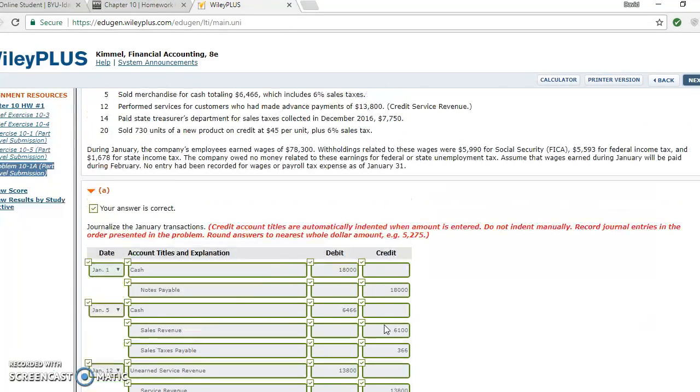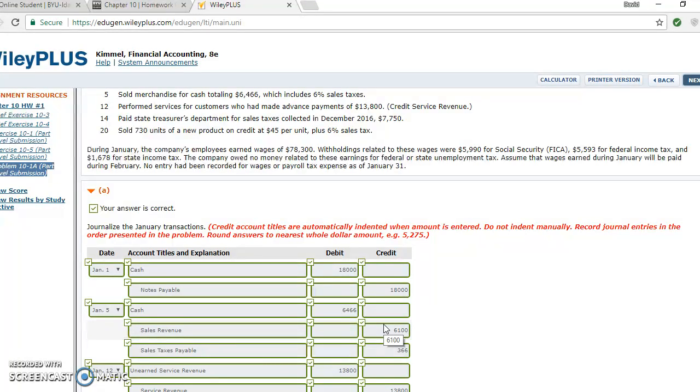And then the last journal entry, they sold 730 units of a new product where it was $45 per unit plus the sales tax. So that ends up being where the unit 730 times the price of $45 comes out to $32,850.